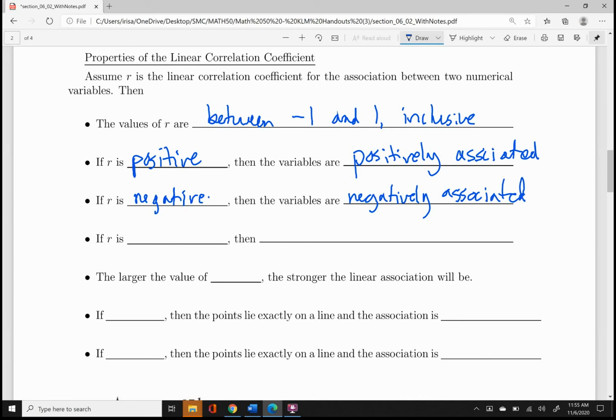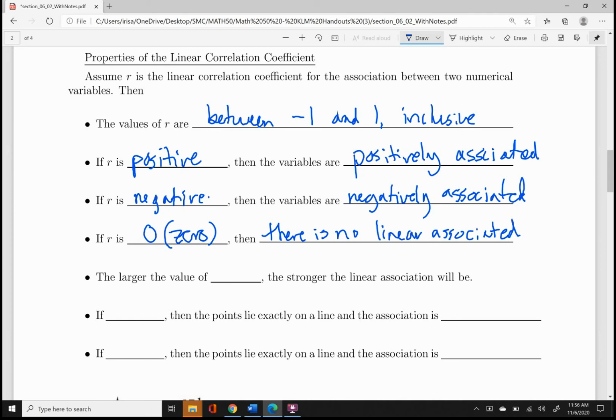If R is 0, then there is no linear association. That's when you have a blob kind of a thing. Or a curve. Sorry, I don't mean to make it sound like it's just going to be a blob. If the R value is 0 or very close to 0, you could certainly have a curve being the line of best fit for your data.